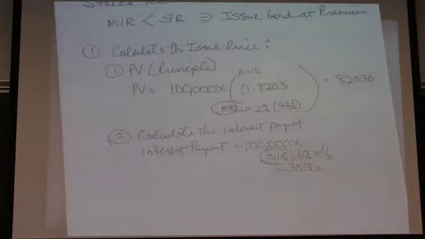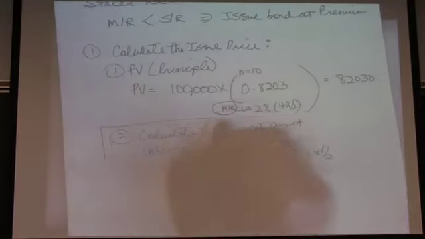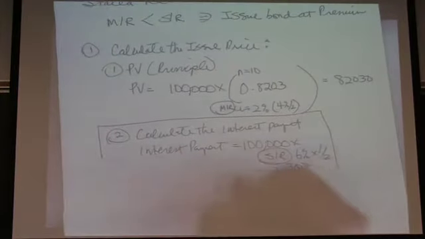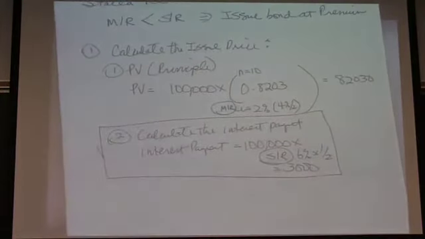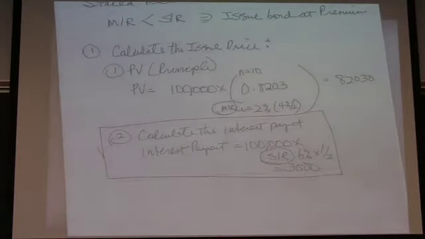So this step 2 is a calculation that probably you don't need after you do a couple of the bonds, because you've already calculated what the payments are. But that's technically what step 2 does.